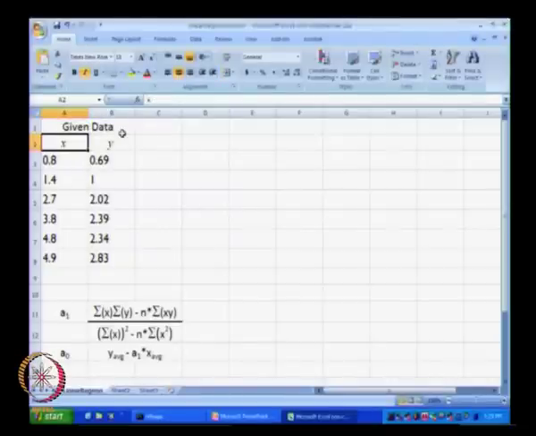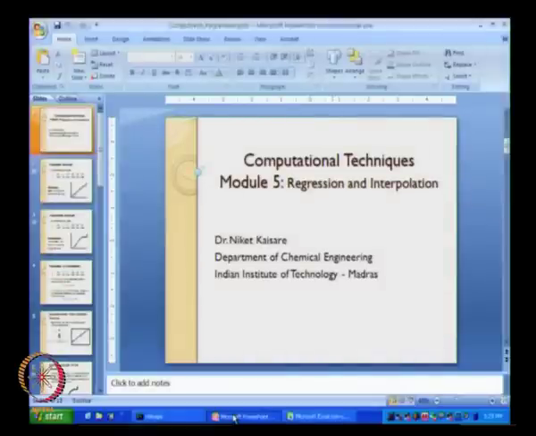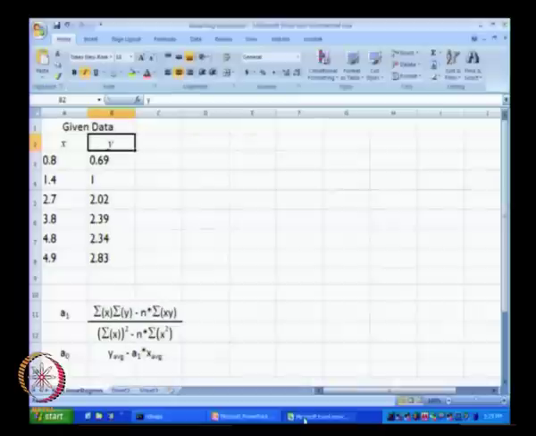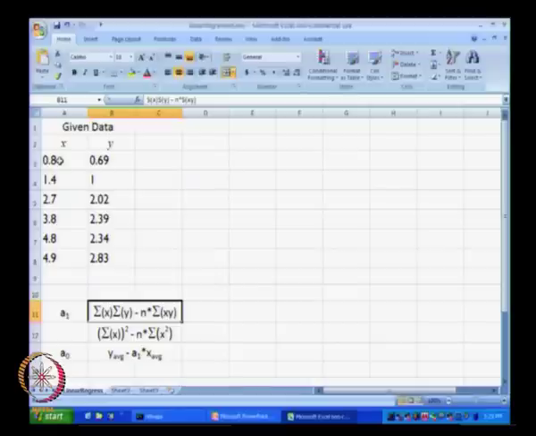So what I have done over here is take the data that we had previously into Microsoft Excel. This is our x, and this data is our y. On the board we had derived the value of a1, which was summation x summation y minus n times summation xy, divided by summation x squared minus n times summation x the whole squared.